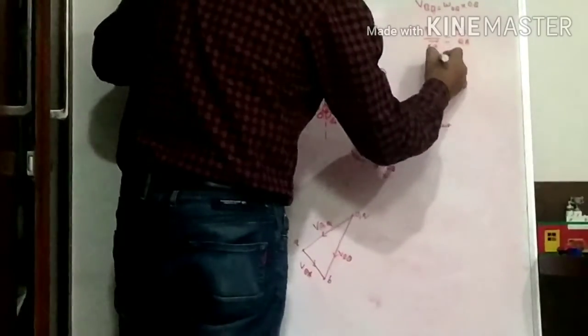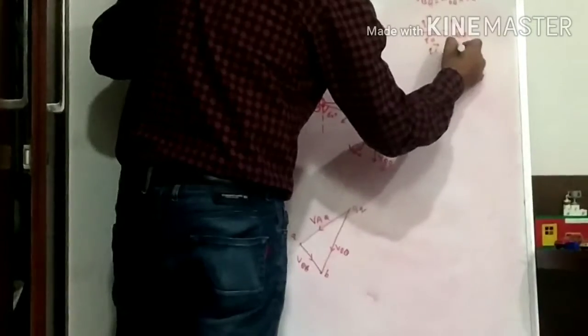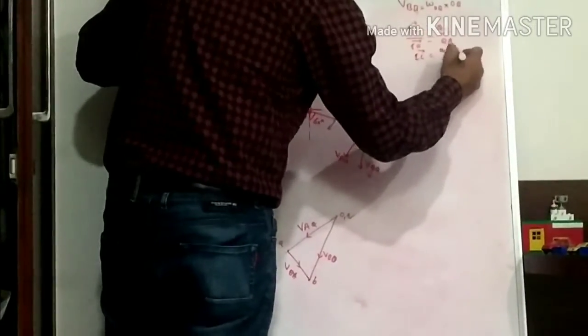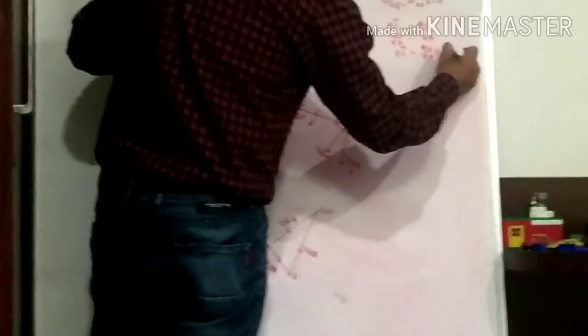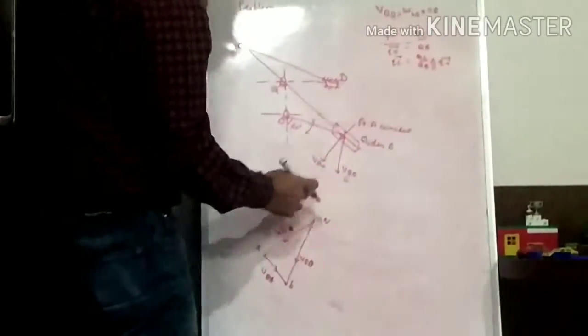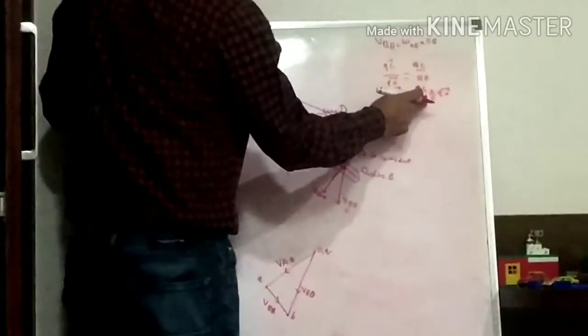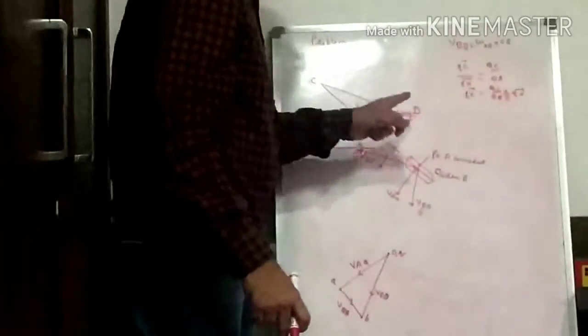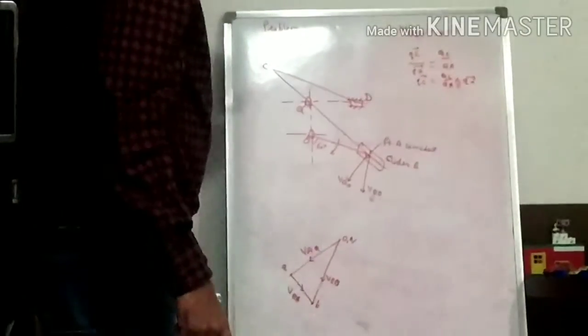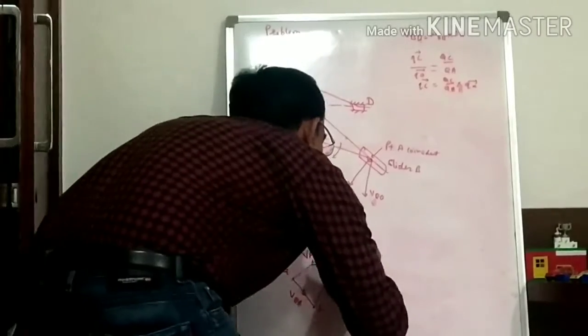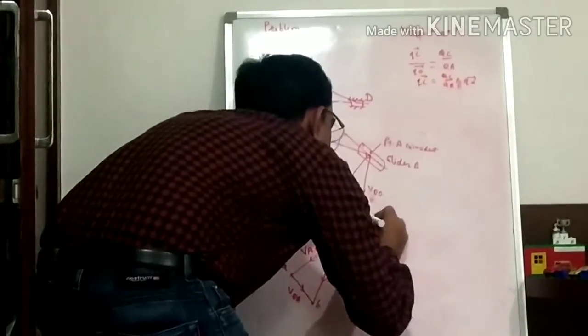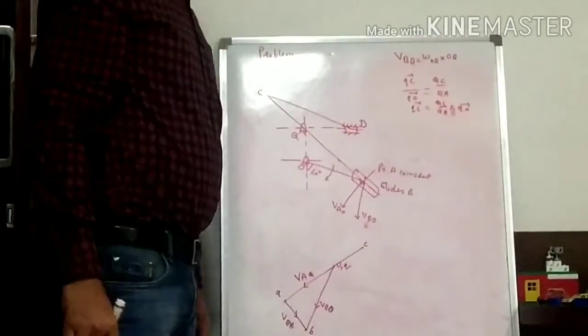So vector QC is equal to capital QC upon capital QA times vector QA. Now we know the length of vector QA, and we know the lengths of links QC and QA. From that we can calculate the length of vector QC. So extend the line QA and mark the position of point C.